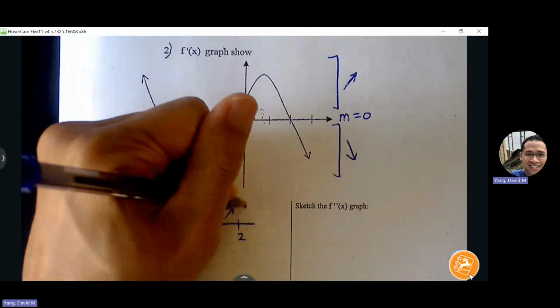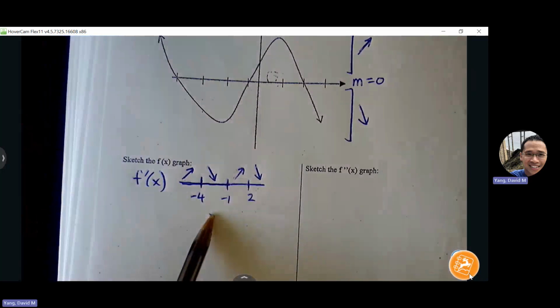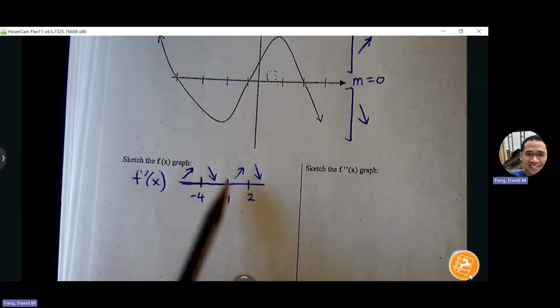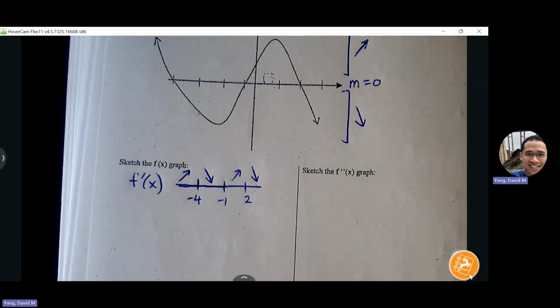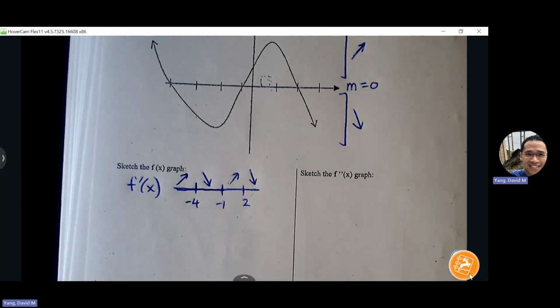Yep, and then to the right. So you just want to sketch a graph that looks like this, right? Your relative max, relative min can be different y values than mine, but it just needs to show relative max at -4, relative min at -1, and relative max at 2.